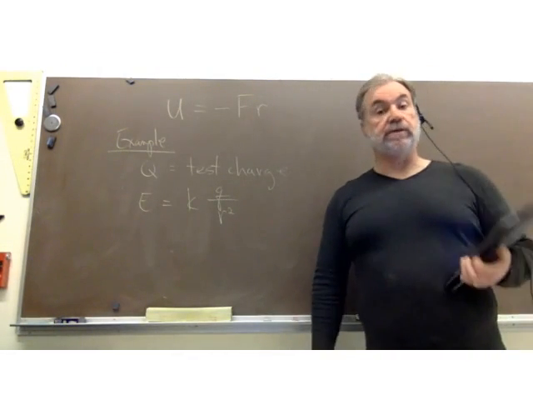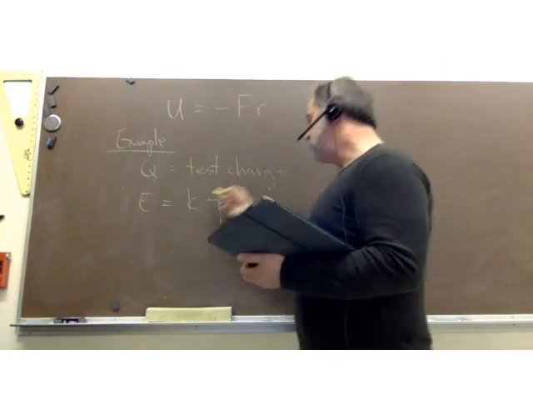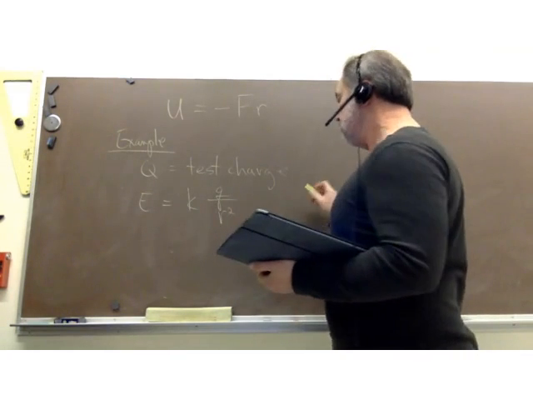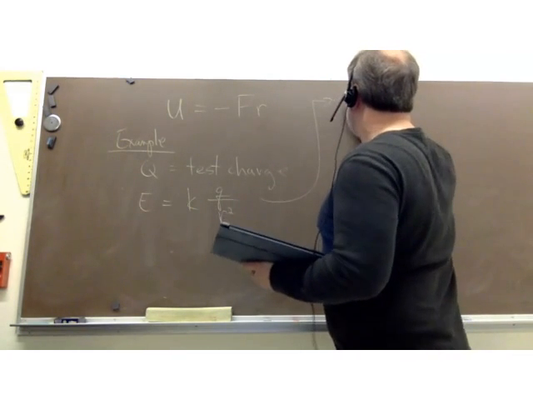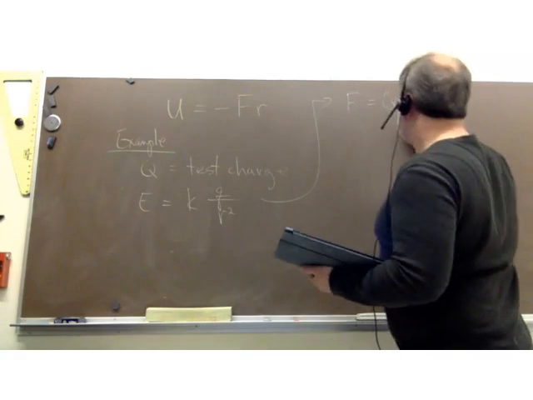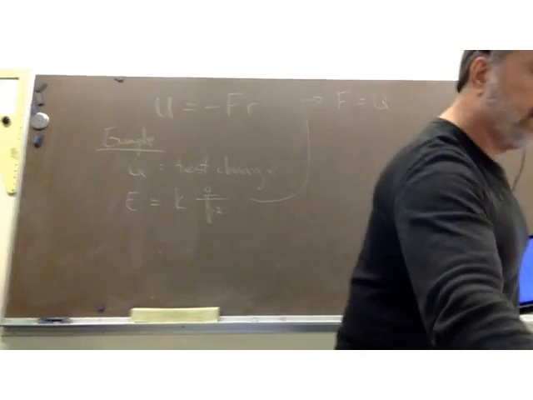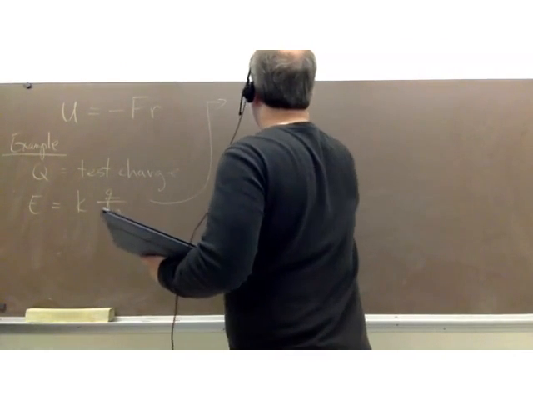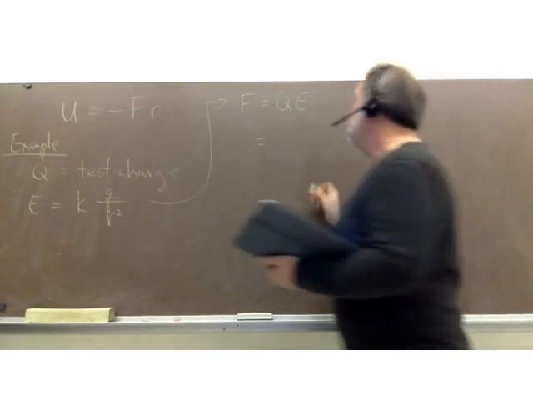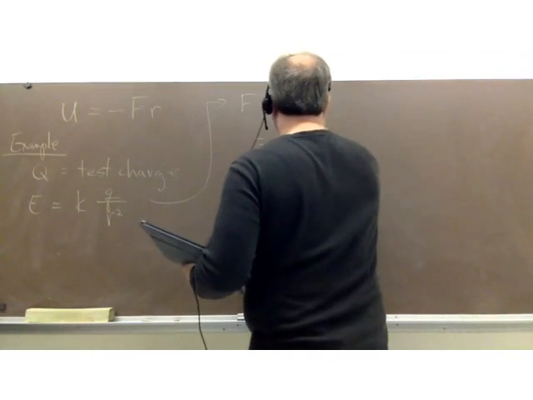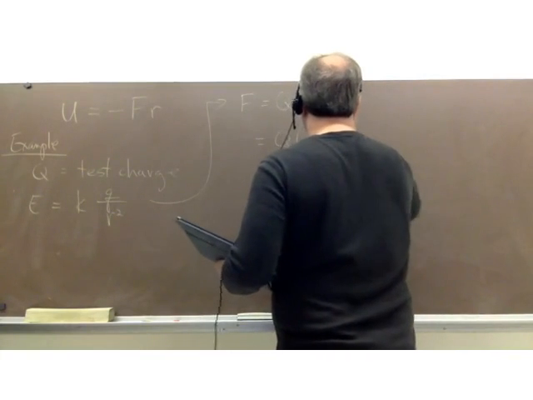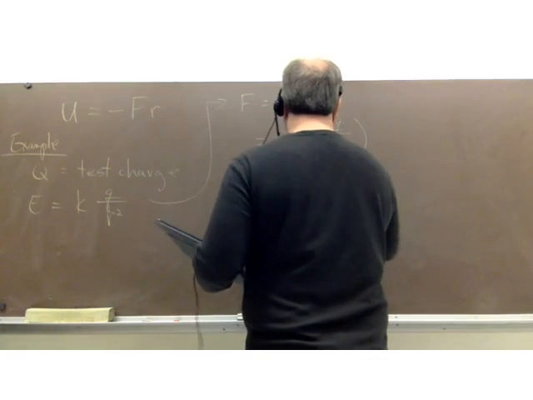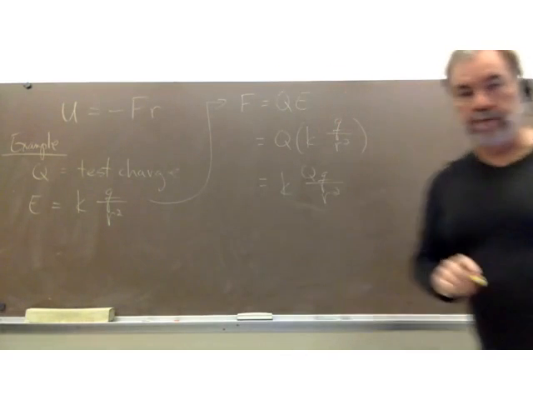I'm not going to worry about the direction at present, and we'll assume that Q is a positive point charge. Then the force on the test charge is simply q times E. That's Coulomb's law, which is q times kQ over R squared, or kqQ over R squared. And of course, you've seen that before.